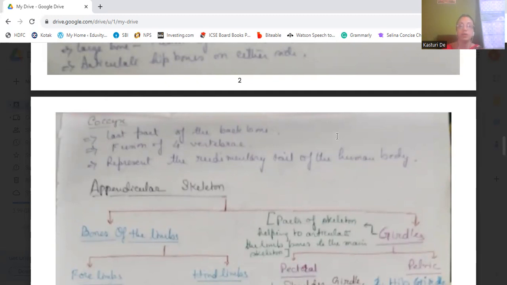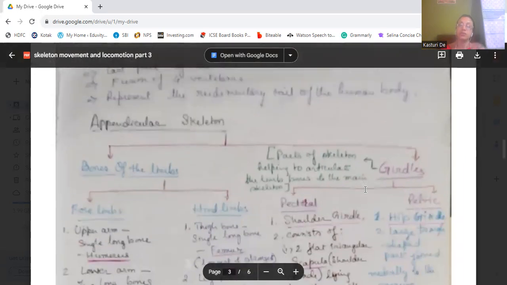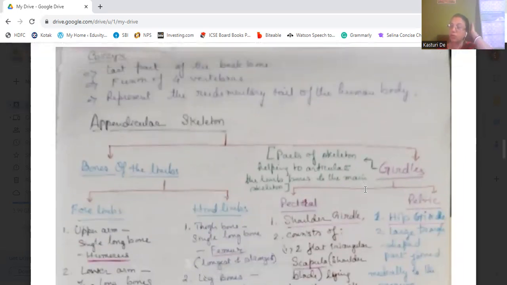Now we come to the appendicular skeleton. So this much was the vertebral column, all of this was the axial skeleton. Appendicular skeleton consists of bones of the limbs and the girdles. Bones of the limbs are forelimbs and hind limbs, and girdles we have two types, the pectoral girdle and the pelvic girdle.